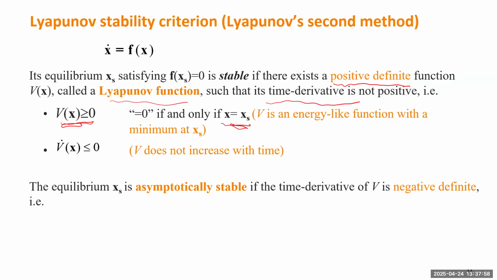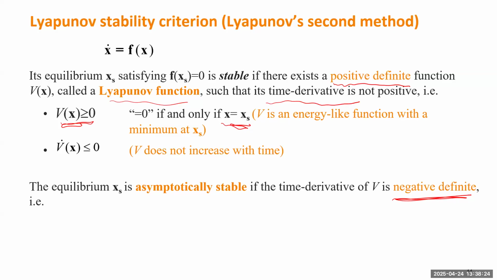If we want to make sure any trajectory that is not too far from the equilibrium point can always go back to the equilibrium, we call this asymptotic stability. So if this time derivative is negative definite, it means it's negative whenever it's not at equilibrium.